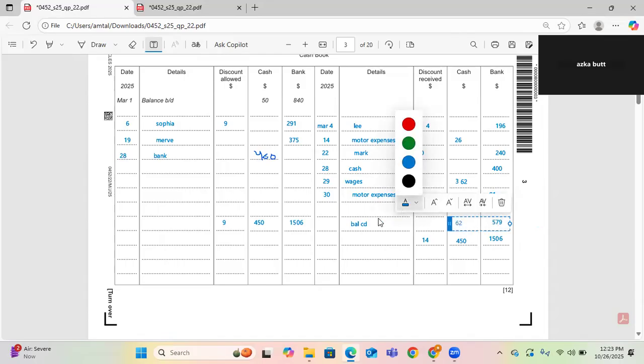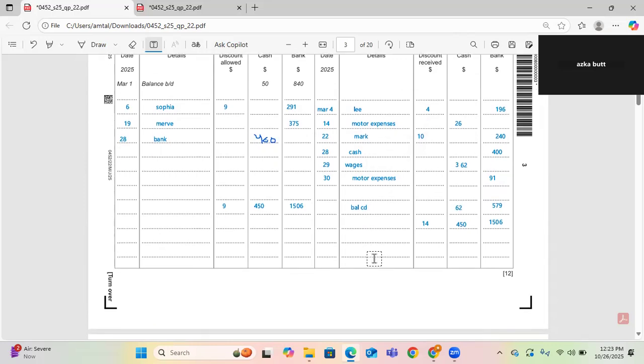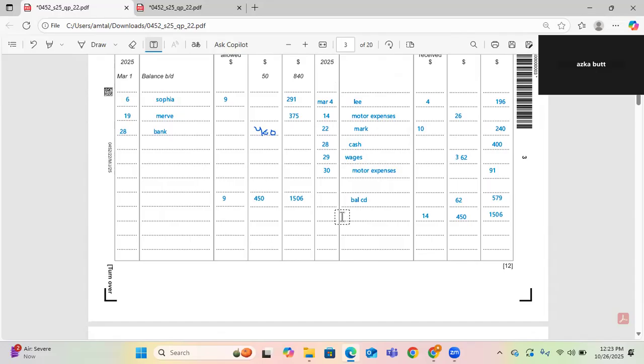So I guess that's it. This will be shifting here. This closing balance is on 31st March at the end of the date, and it will shift into the new month, that is April 1st.